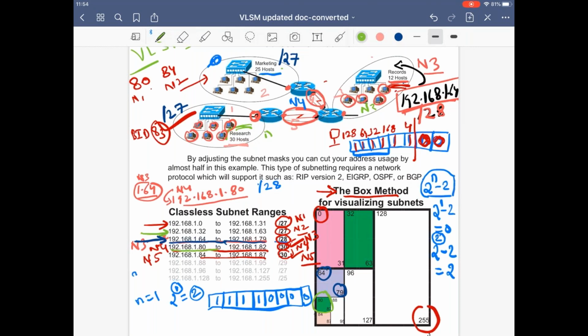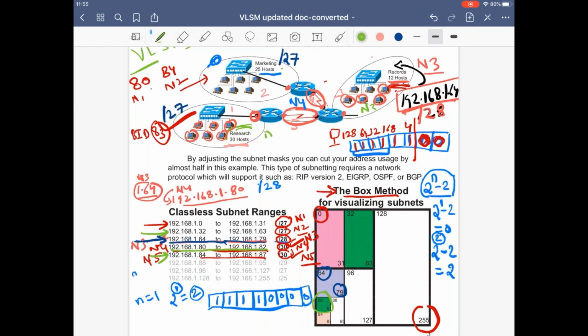After that, N5, the last one. So in this way, we are saving the wastage. We are reducing the wastage of IP addresses.